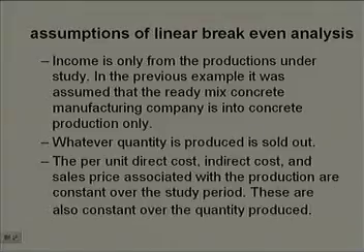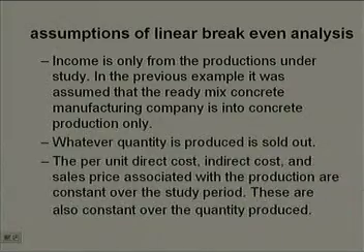In the previous example, wherein we had taken the case of a ready-mix concrete manufacturer, we assumed that that particular company is only into production of concrete. So, all the money may be coming from sales of concrete alone. In real life situations, that may not hold good, because that company may be into some other business also. But in linear break-even analysis, we assume that income is only from the productions under study.